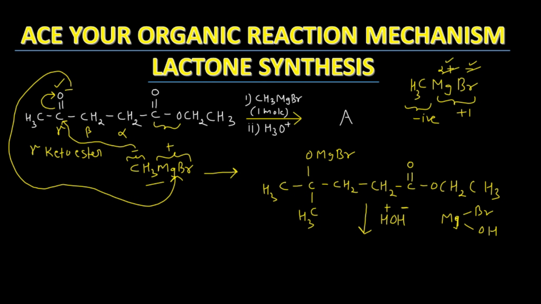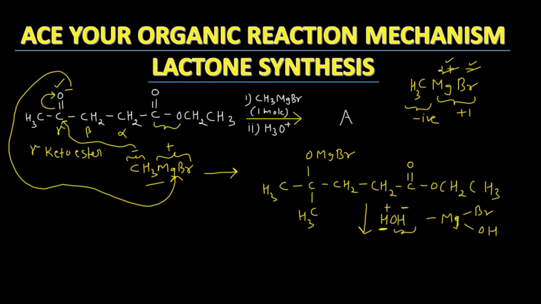What you are left with is H positive. This OH negative has gone to this MgBr and you have this byproduct, okay. So I am writing minus this one, and this H positive will go to the O and you will produce an alcohol from here. You will get the alcohol here, right.